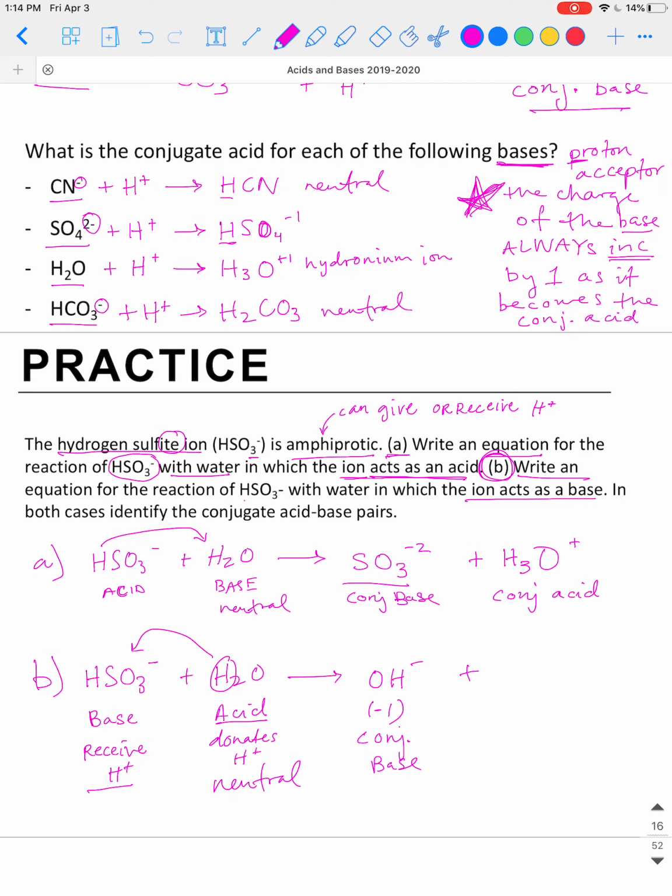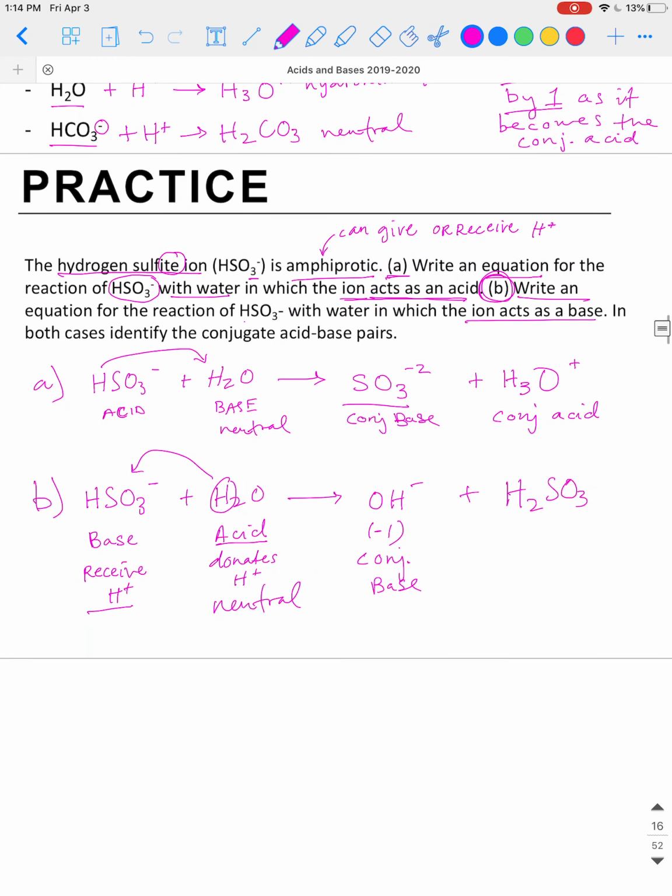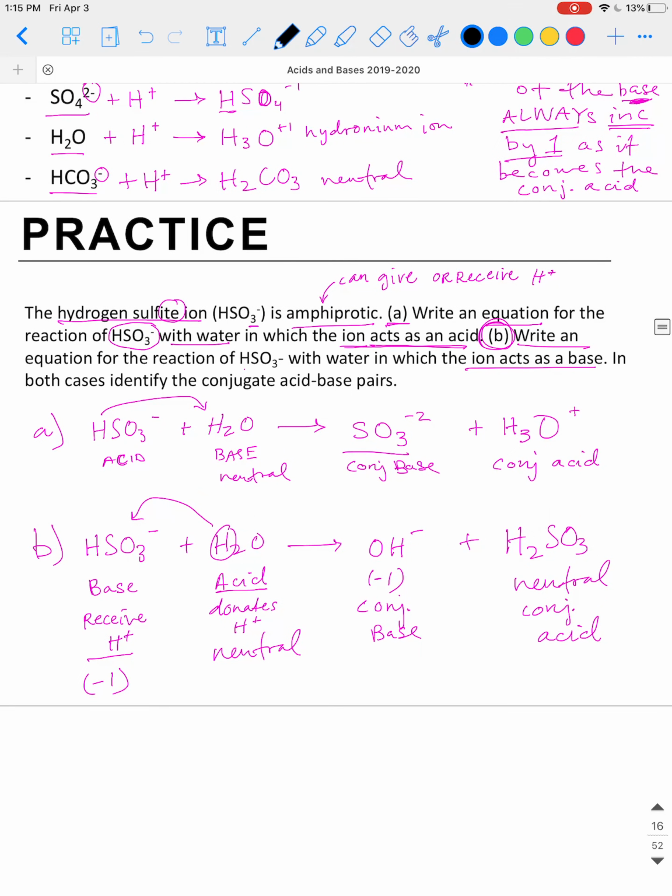Plus, the base, HSO3-, receives a hydrogen. So now instead of HSO3-, it's H2SO3. And remember that the charge of the base always increases by 1 as it becomes the conjugate acid. So if we had a -1 charge over here and it increases by 1, it's neutral. Charge of 0. And this is the conjugate acid.